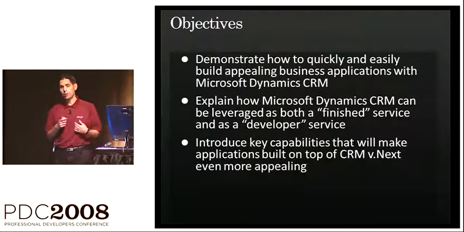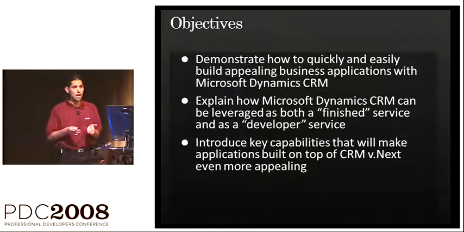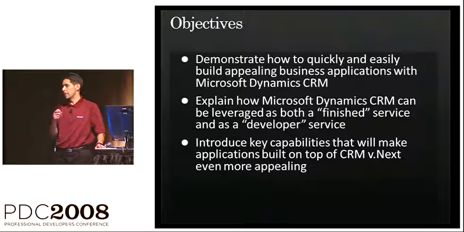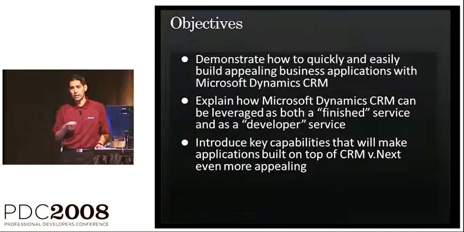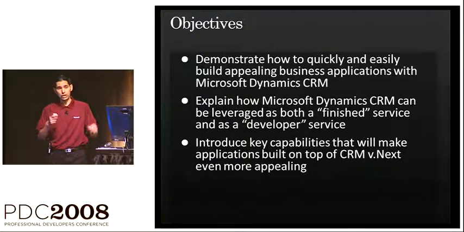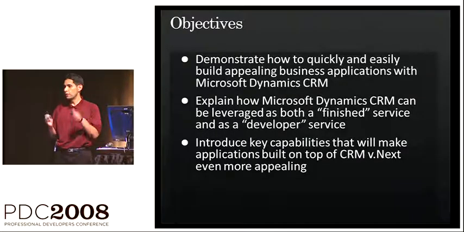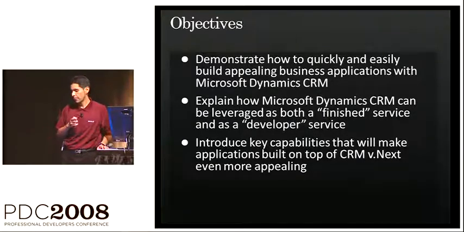And at the very end, and this is my personal favorite because I spend most of my time working on this project, I'm going to show you the next version of Dynamic CRM, which we internally call Dynamic CRM 5. I'm going to show you very early bits of Dynamic CRM 5, and it's very exciting because it's the first time ever that we're going to show these bits in public.